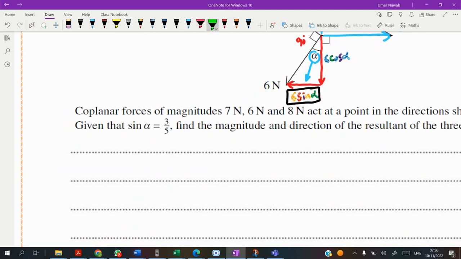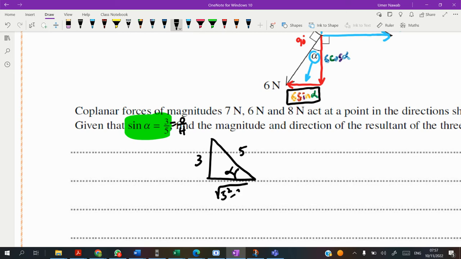He has given you sine of alpha equals 3 over 5. I can use trigonometry. This is alpha. Sine is opposite over hypotenuse. This is opposite, this is 3 and this is 5. 5 squared minus 3 squared gives the square root of 16, that is 4. An adjacent is found. So I can easily say what is my cosine: 4 over 5. I can easily say what is my tan of alpha, which is 3 over 4. I can find my trigonometric ratios.